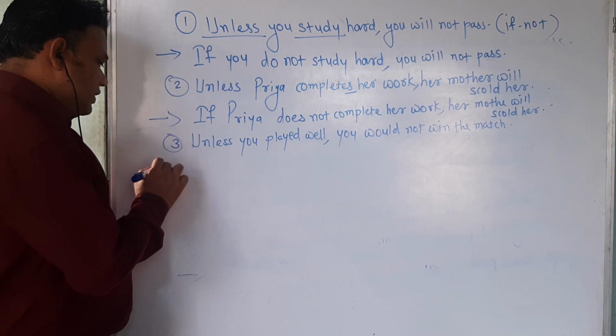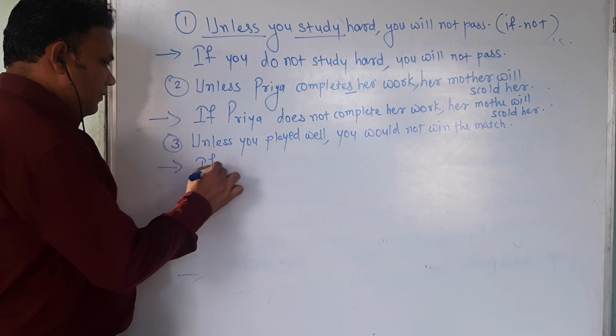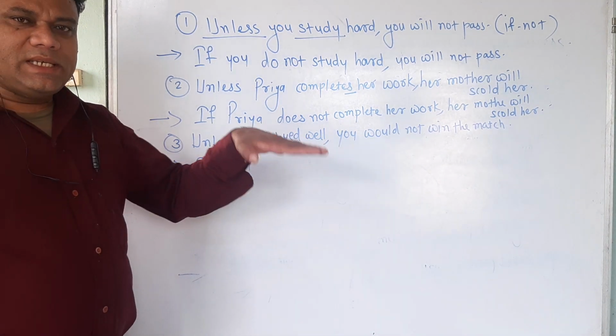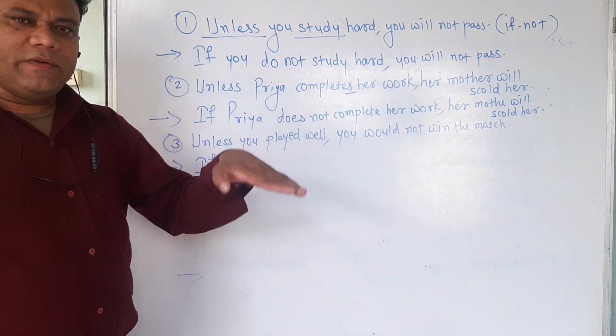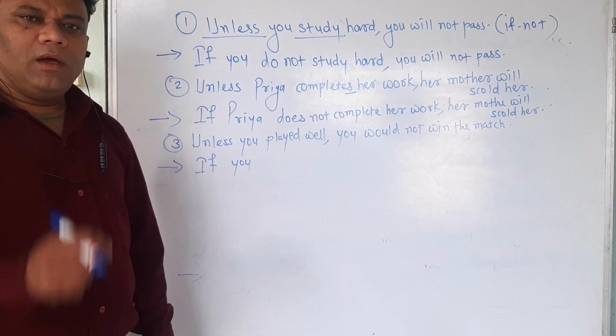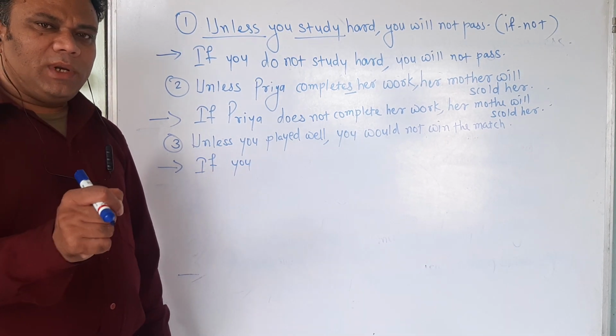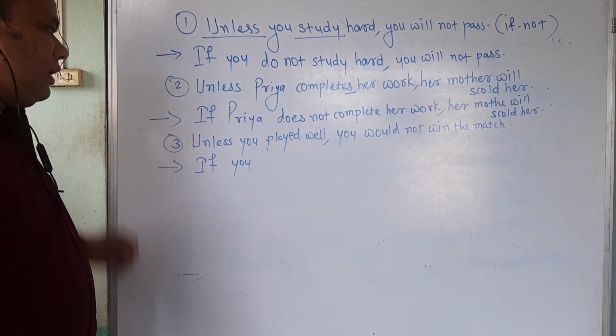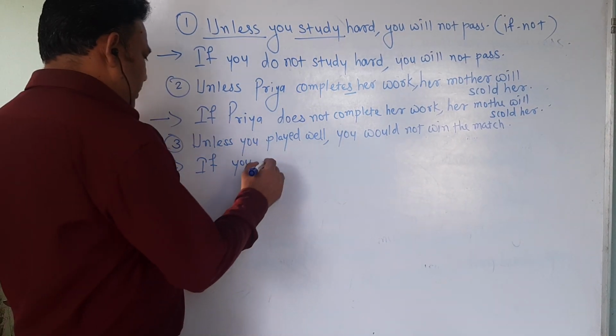Unless we have to replace with if you. Now here played is the second form. So how to make the negative if the second form of the verb is there? We have to use did not plus first form. So the negative of played will be did not play.